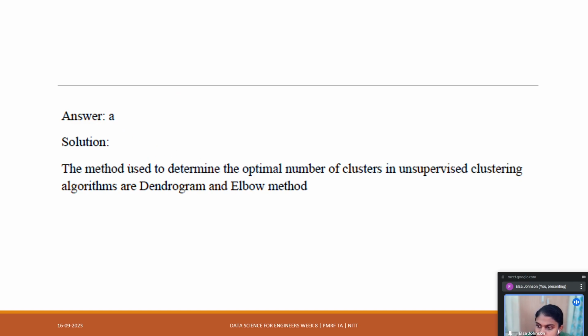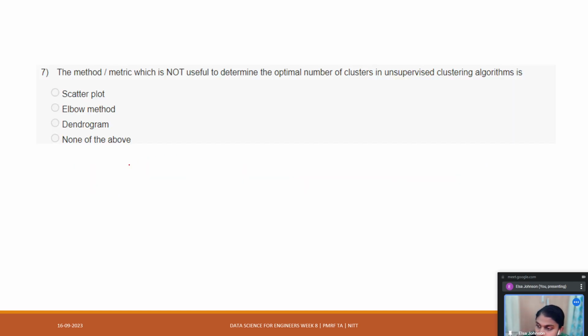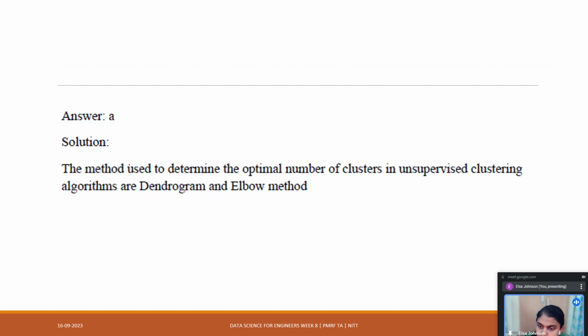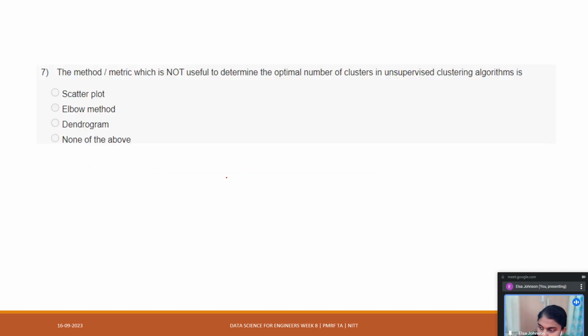Okay, so it is asked which is not useful. The methods used to determine the optimal number of clusters in unsupervised clustering algorithms are either the dendrogram or the elbow method. Okay, this you can research later on. Scatter plot is not used for that.